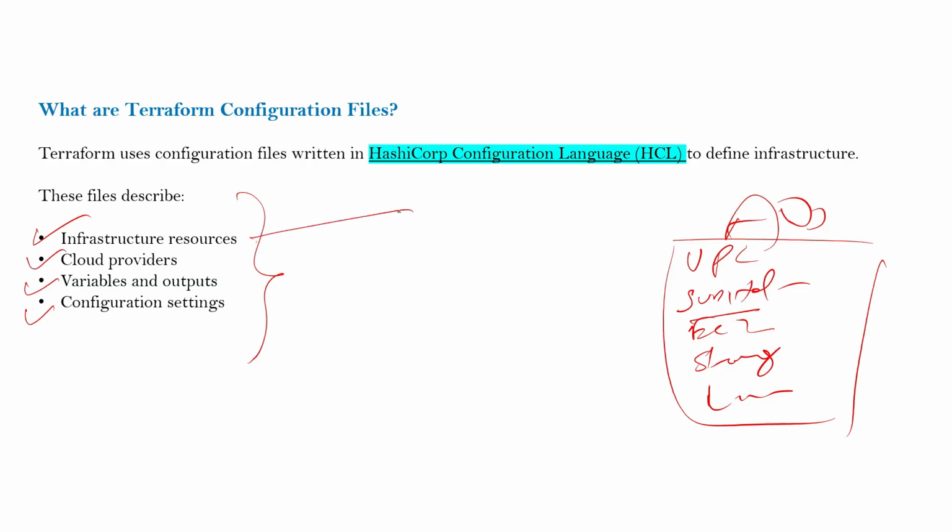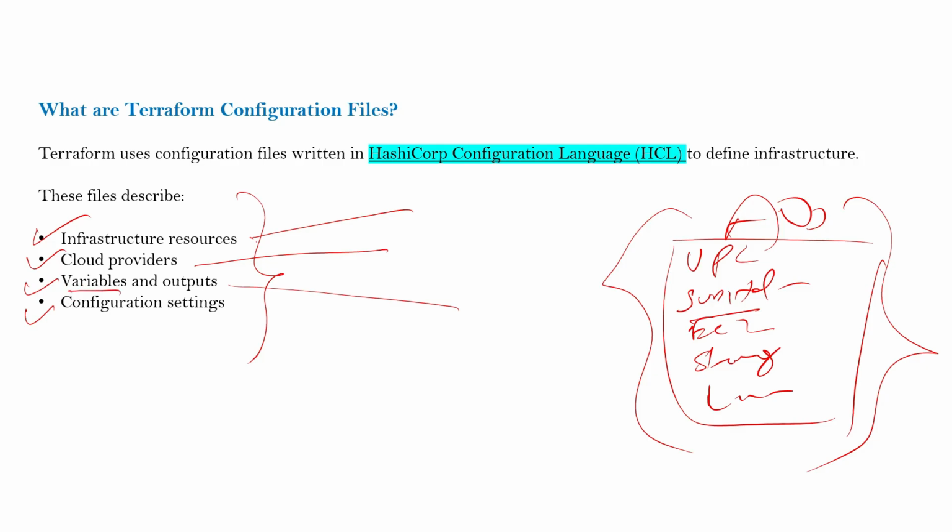So we can create multiple kinds of resources, and we have different cloud service providers like AWS, Google, Azure, IBM, and Oracle. When we create the different resources, we need to provide a lot of variables and outputs to the configuration file, right? We create the configurations in an object-oriented programming way, where we define the code once and then call it in different places, just providing different variables according to the requirement.